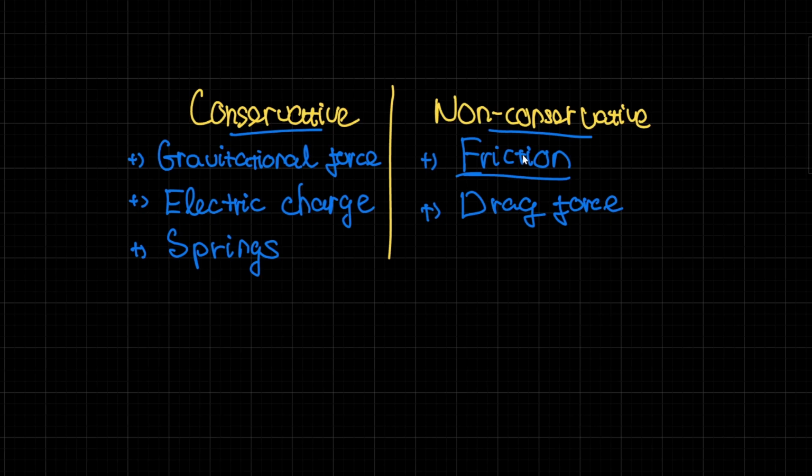As you already know, friction can heat up objects. So it shows that its mechanical energy is not transferred into work, but rather into thermal energy. So it's not conservative.